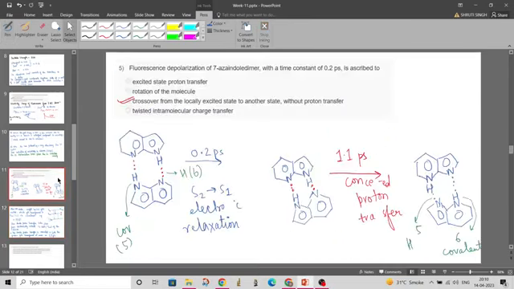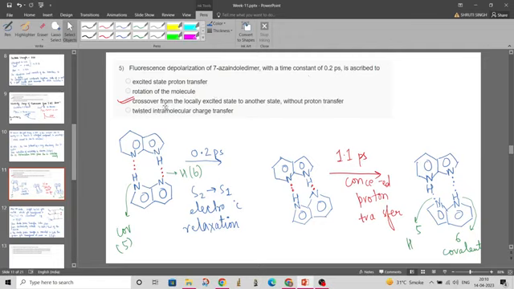Okay, so the answer should be clear now that it is not due to the proton transfer. There is no charge transfer here, and not due to the rotation. The rotation was for the higher time scale, 0.12 picosecond.